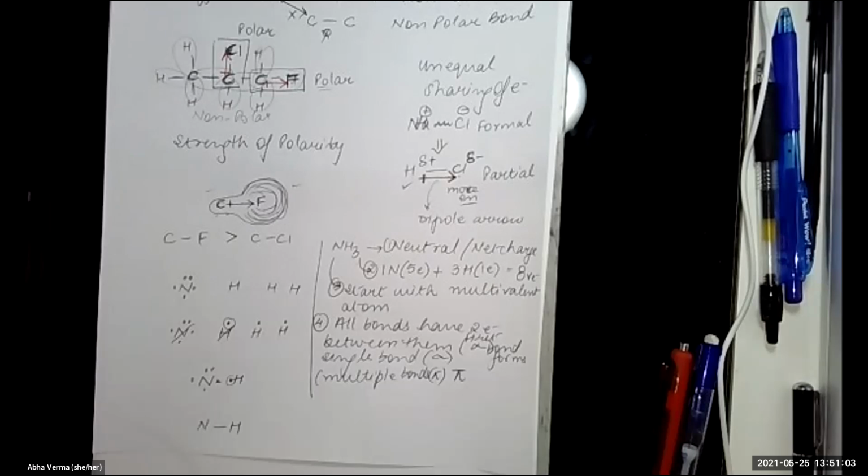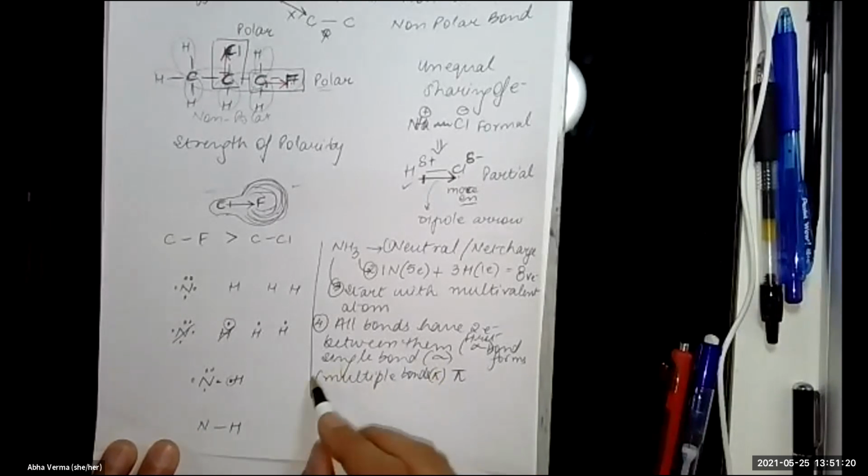Are you here? Could you see what I just drew? A pi bond. Could you understand the difference between a sigma and a pi bond? I know you're talking about how the bonds are formed. Is a pi bond like a single bond and the sigma is like a double bond? No. The sigma bond is the single bond.